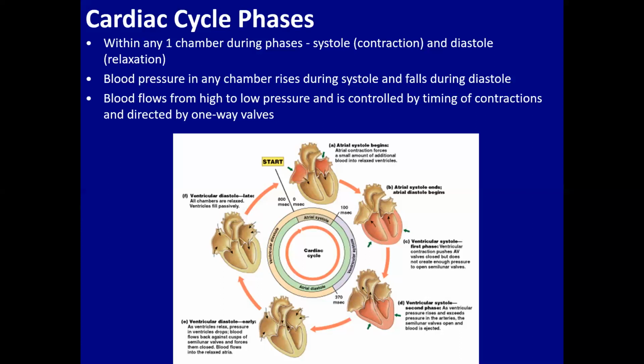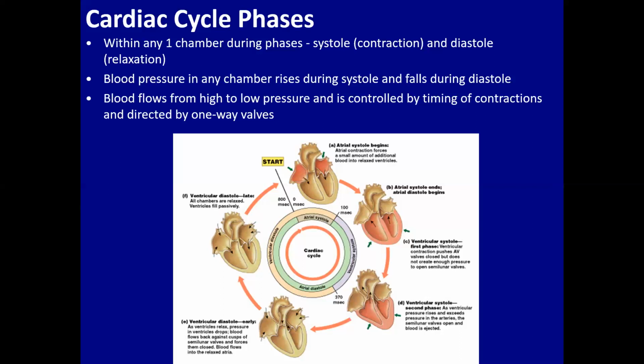So those semilunar valves in the aorta and in the pulmonary trunk are not open. As we continue through ventricular systole, this is the second phase, you've increased the pressure, and that is going to allow for the semilunar valves to open and the blood is ejected out of the heart.